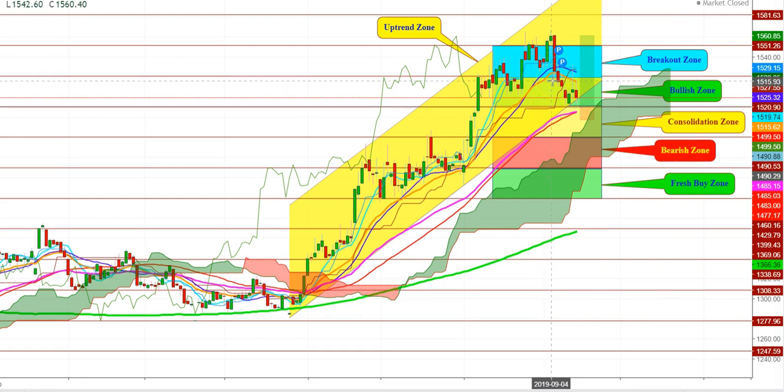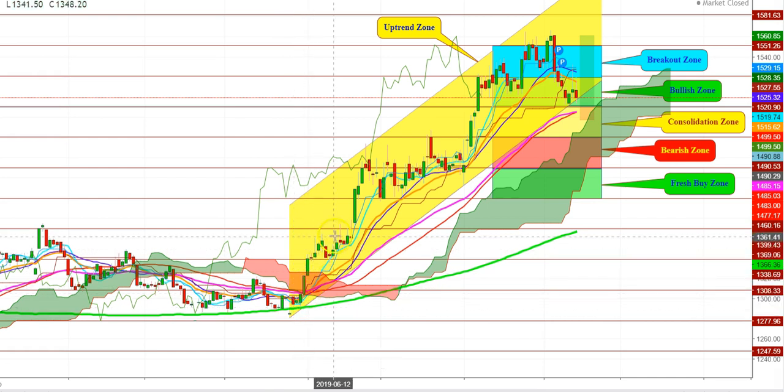So friends, if you have a look at the movement of gold futures, here you can see that since May 28, 2019, gold futures have taken a sharp upward move after getting a good support at the 200 days moving average here in May 2019.